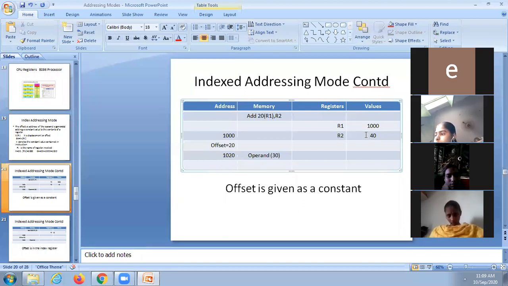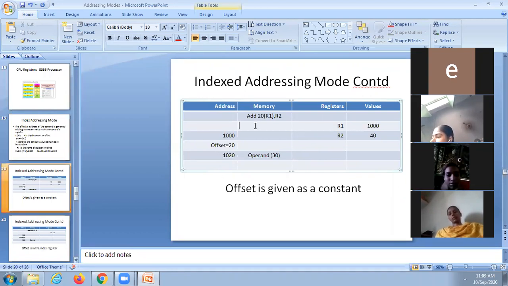If you understand this perfectly, the remaining 3 will be very easy for you. Is it understood, or do you want me to explain once again? Is it clear to all of you? Yes, sir. So can I move to the next one? Okay.